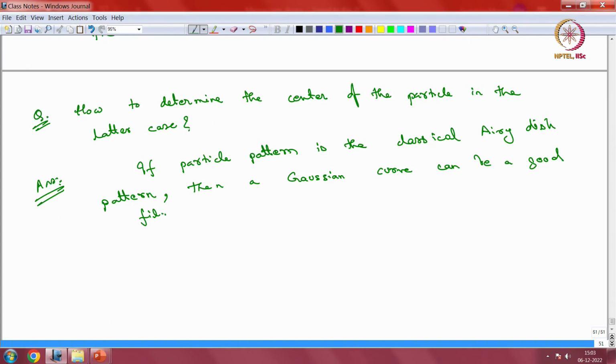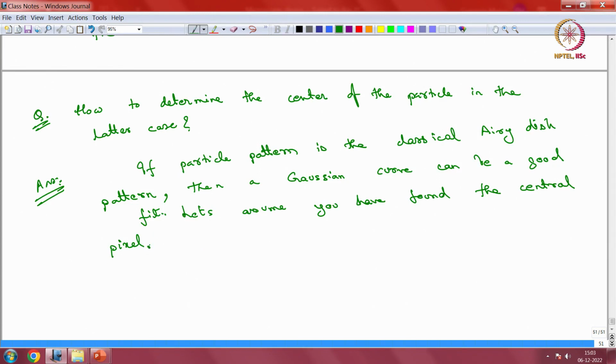But how do you find the center of the particle with subpixel accuracy? So, let us assume you have found the central pixel, I mean the pixel which corresponds to the center of the particle, by maybe locating the brightest point.